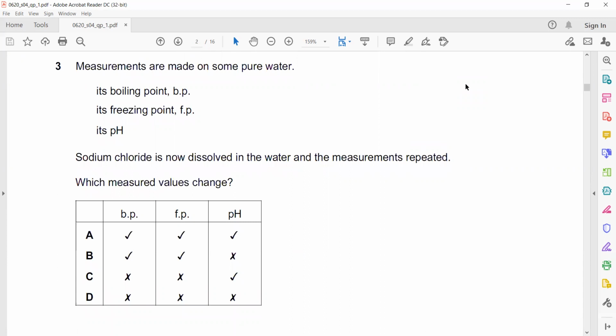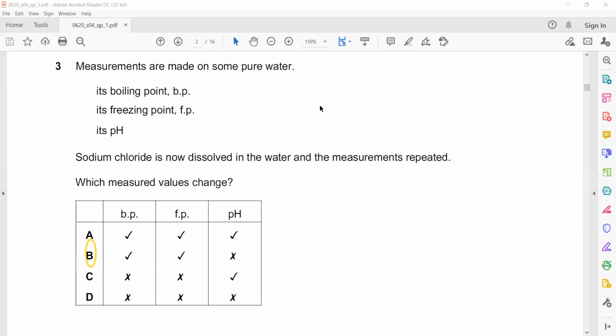Measurements are made on some pure water. The term pH means, if it is less than 7, the substance will be acidic. Sodium chloride is now dissolved.